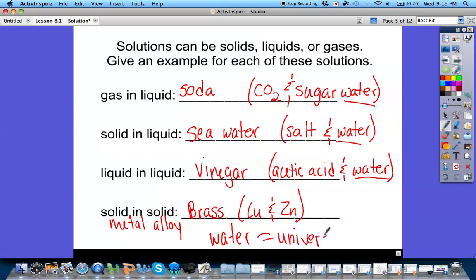Not everything will dissolve in water, but a lot of things will. And so it's referred to as the universal solvent. But you can dissolve stuff in things other than water, and not everything will dissolve in water.